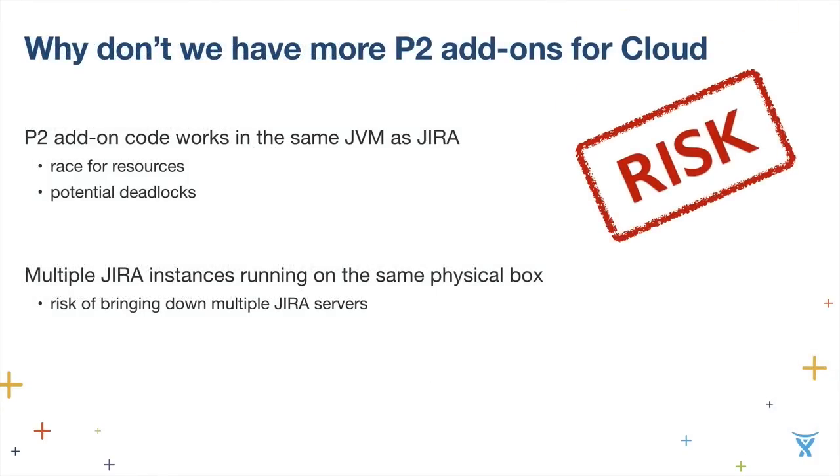We stopped because we realized that this approach won't scale. We can't provide a good quality service for our users with hundreds of add-ons running on the same virtual machine as JIRA, competing for resources.